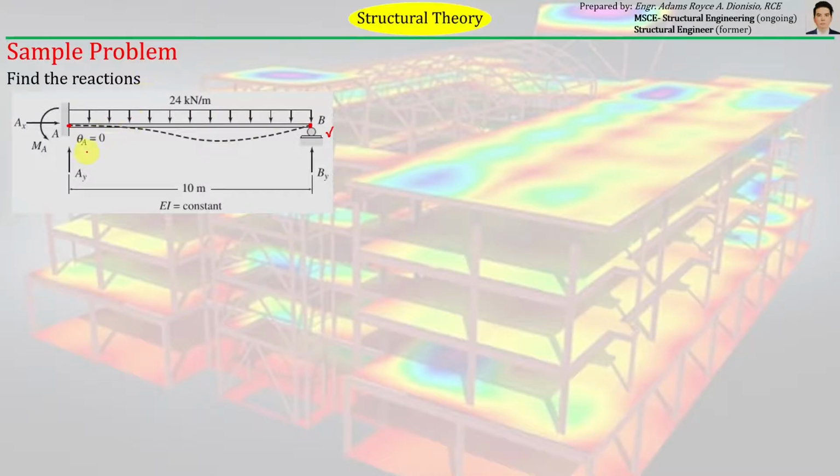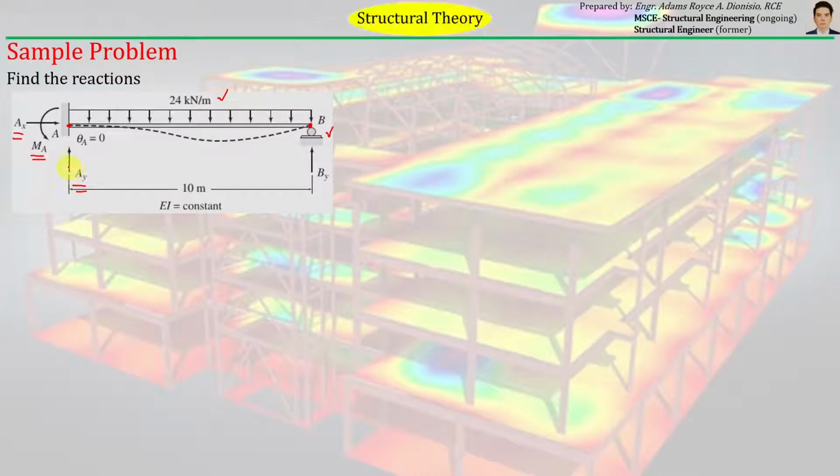As you can see here, we have drawn the free body diagram. The beam is loaded by a uniformly distributed load, 24 kilonewton per meter, and at the fixed end at joint A, since it is fixed supported, we know that the number of unknowns at that particular joint is composed of three reactions, mainly the vertical reaction, the horizontal reaction, and the moment reaction.